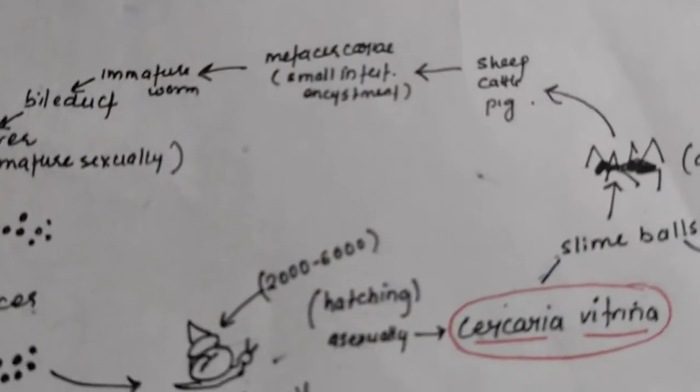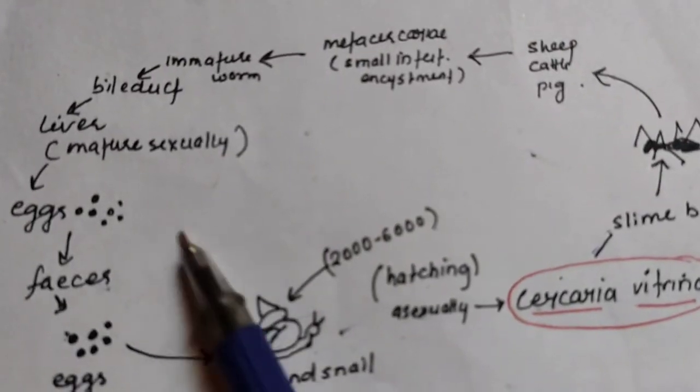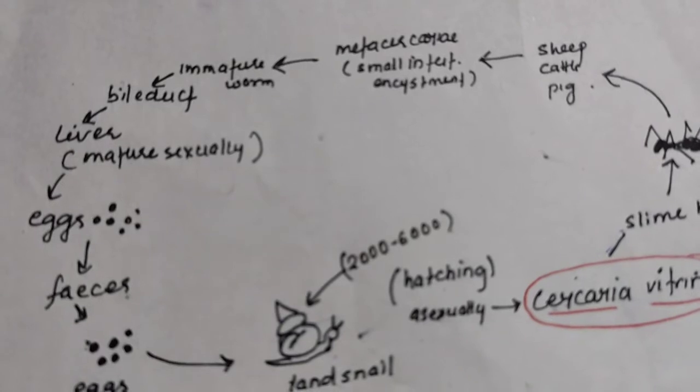And in the bile duct, they then go to the liver where they mature sexually and produce eggs. Then these eggs are released in the feces. And the same cycle goes on.